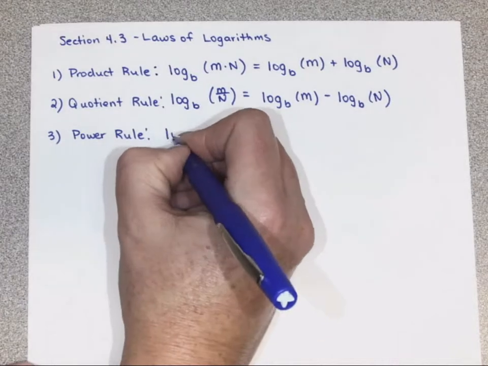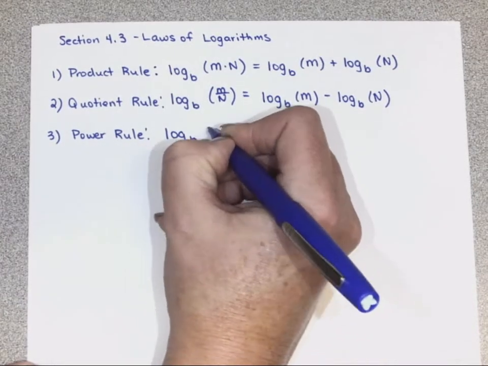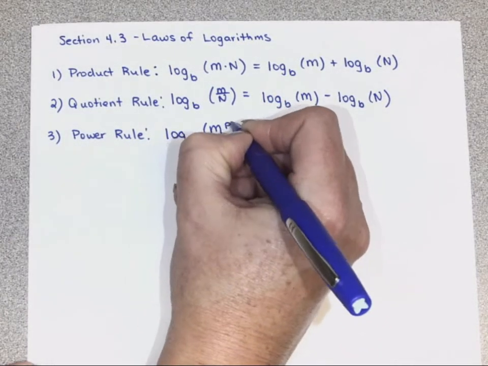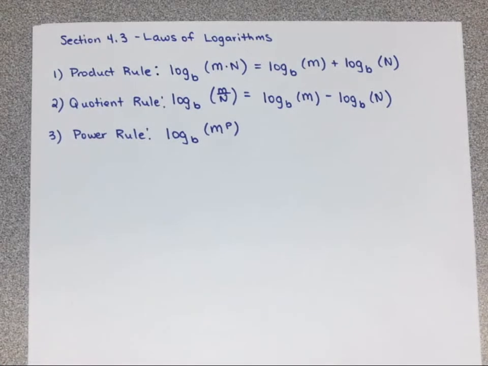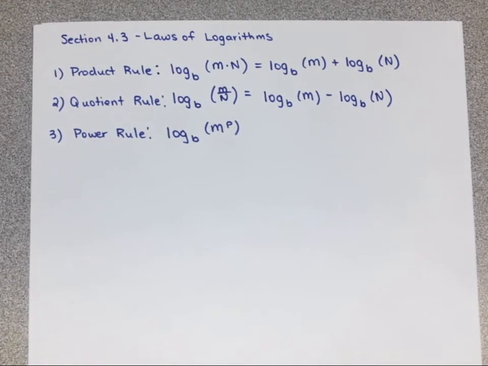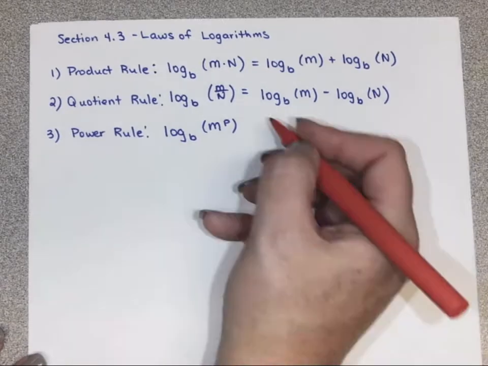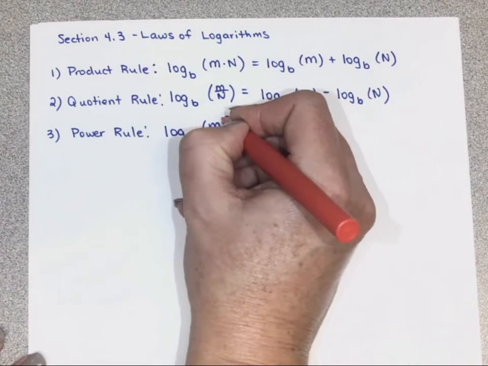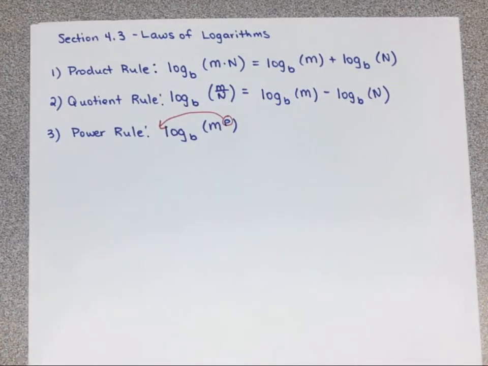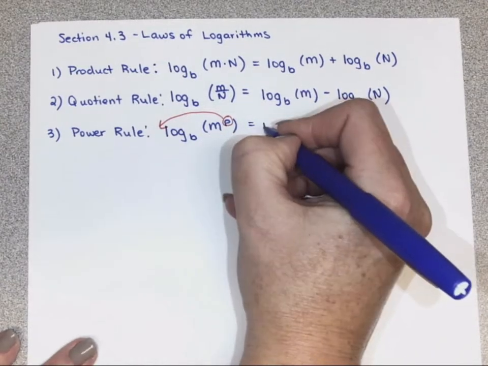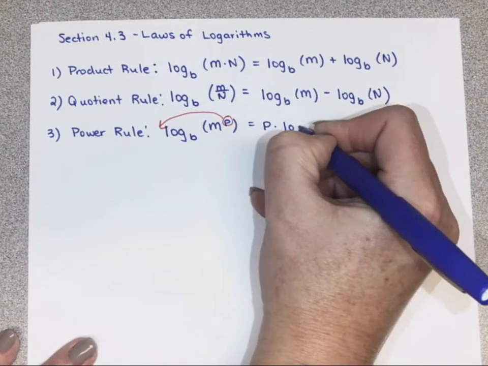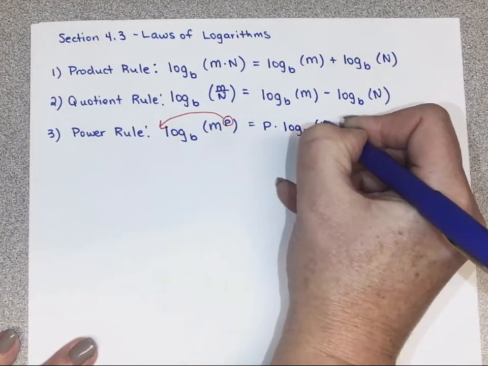And then last but not least is the power rule. The power rule is actually one of the more useful log rules. What it says is that if you're taking the log of any base of something with a power, you're allowed to move that power to the front of the log. So essentially we're going to move the p to the front, and then we're still going to take the log base b of m.